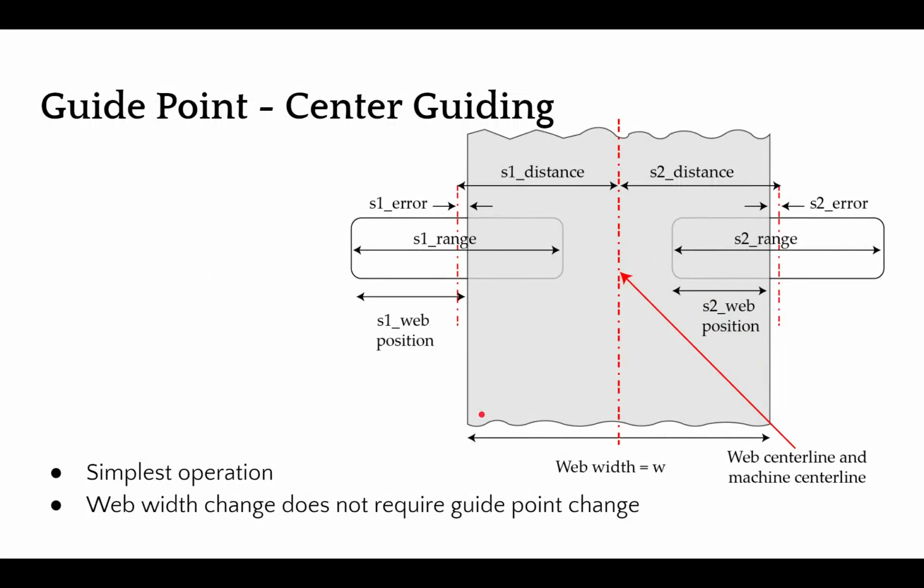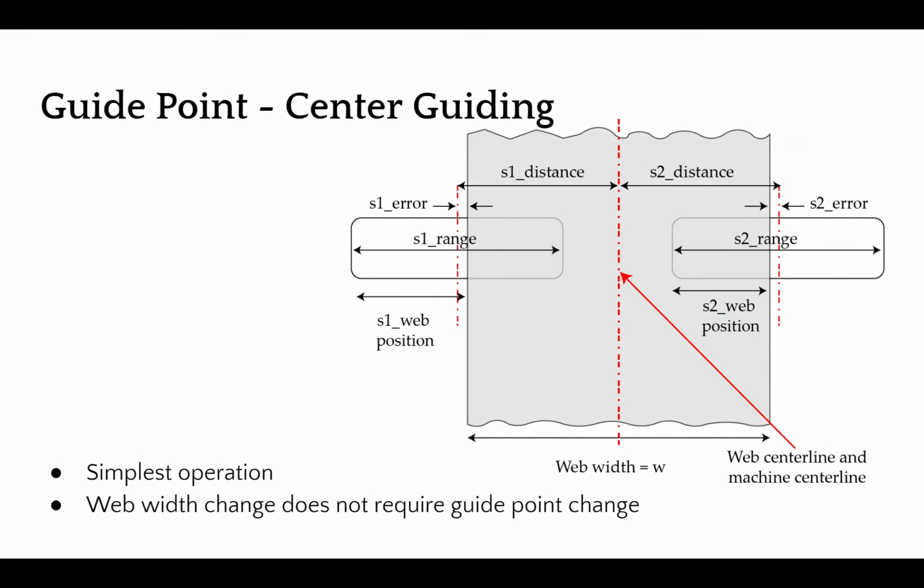Now, the concept of guide point is not only for a single sensor, but also for two sensors. It's just a matter of going into the mathematics of it. It's just simple algebra that we need to go through. But essentially, we can even have a guide point for center guiding applications. And that guide point would be a function of the relative position of the two sensors, and basically how they are installed with respect to the center of the machine.